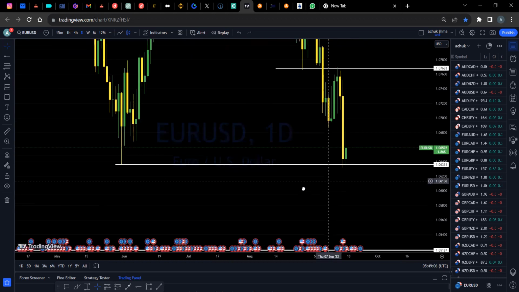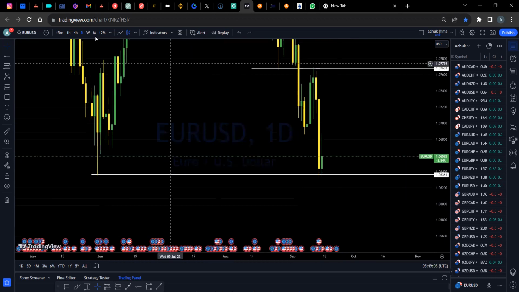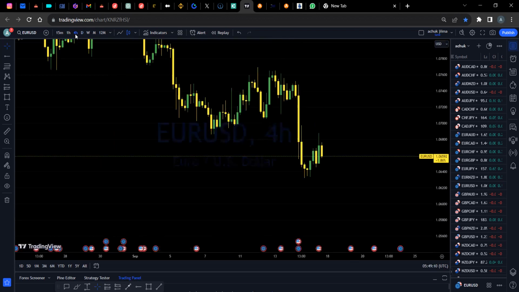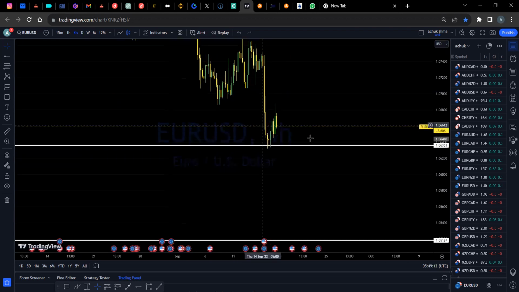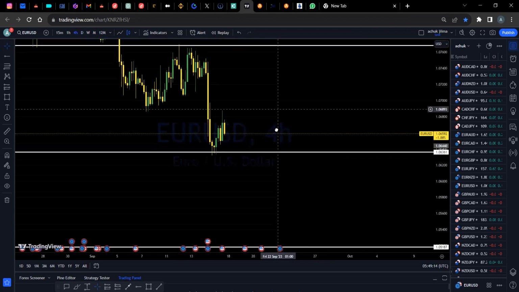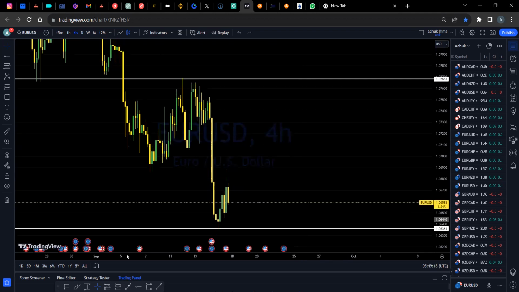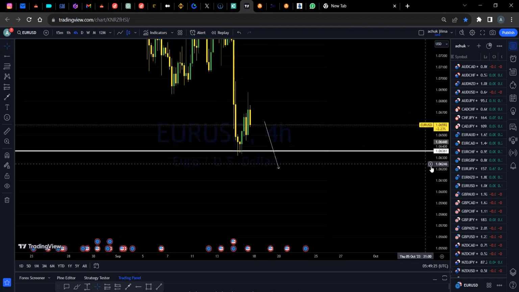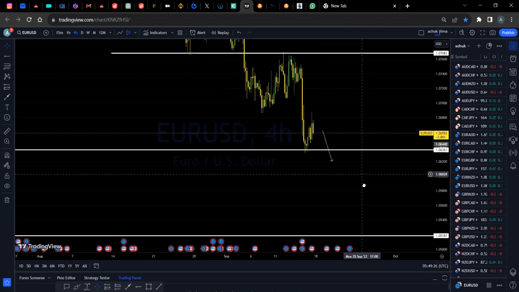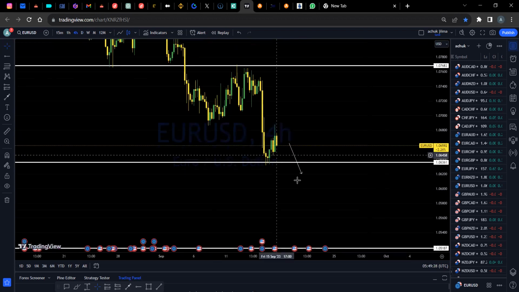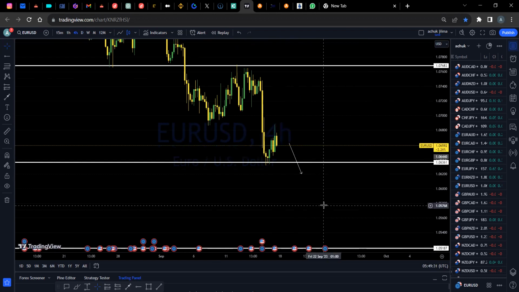In these support areas, we shall have to see whether there will be a possibility of this support holding price. If price is not held, there is a tendency for the market to break this and continue with the dollar strength. We had talked about the dollar strength, and that's why the dollar is actually heading down.